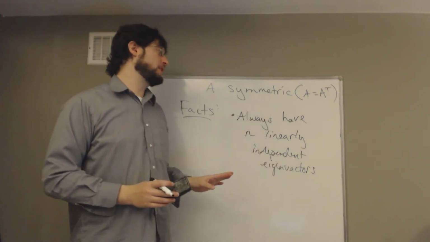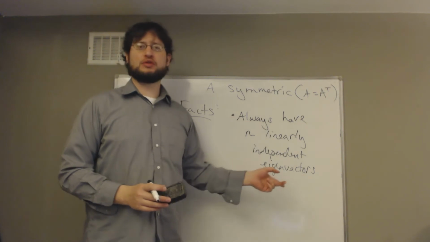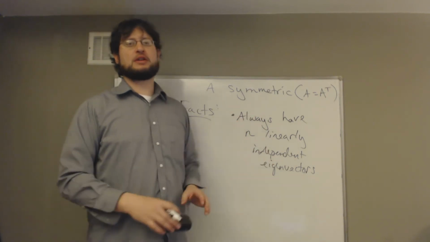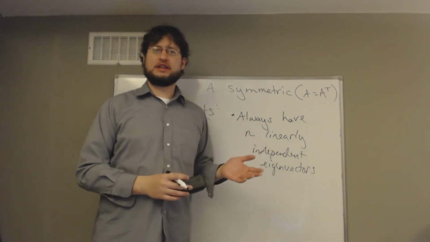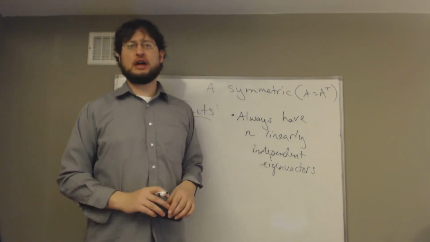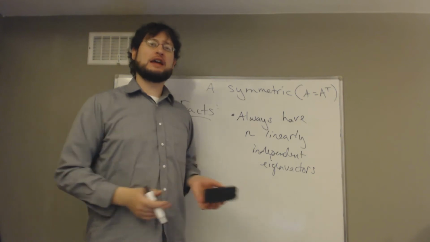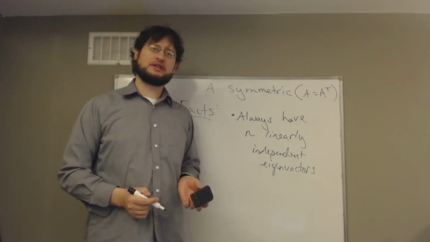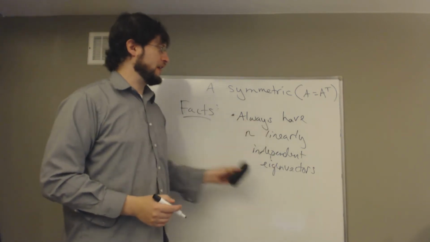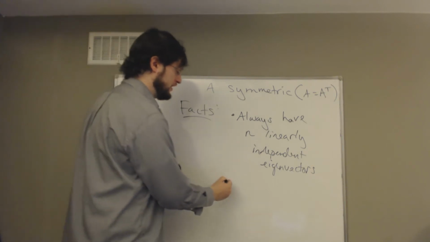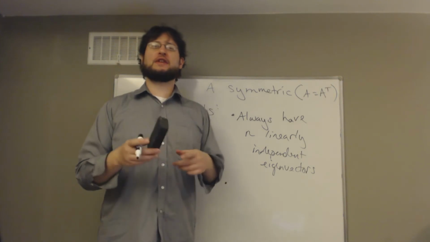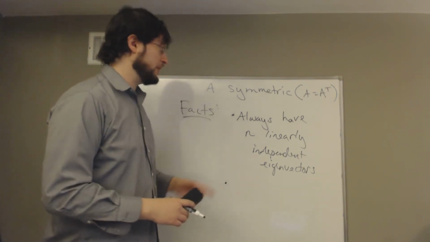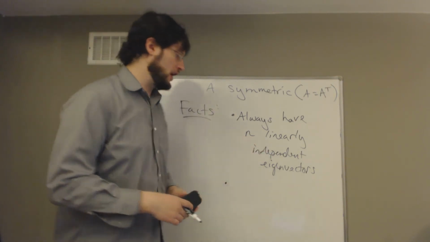This takes some work, but it is true. We're not going to worry about proving it. We're going to spend our time focusing on how we actually diagonalize a given matrix. We're going to look at examples of diagonalizing a symmetric matrix, and just take this fact as true. Another thing that is true is that if I have two eigenvectors corresponding to different eigenvalues, then the eigenvectors are in fact orthogonal.